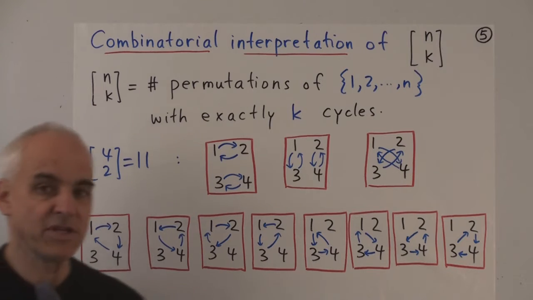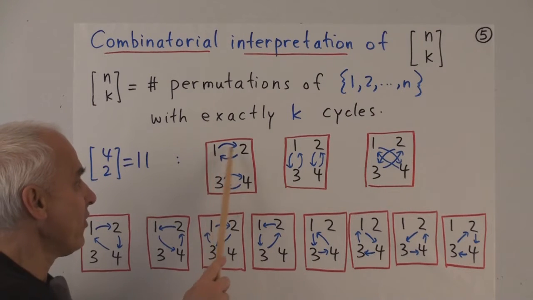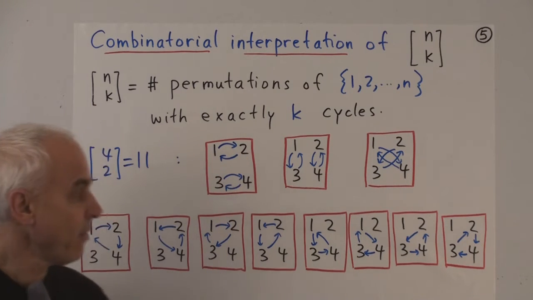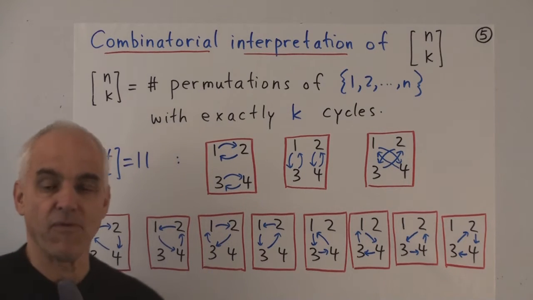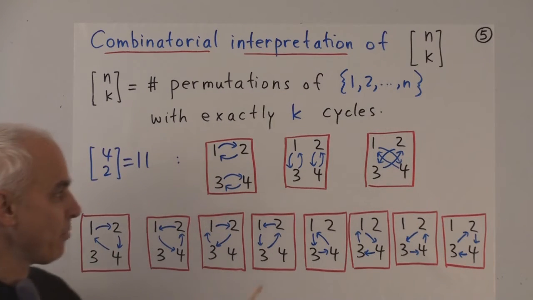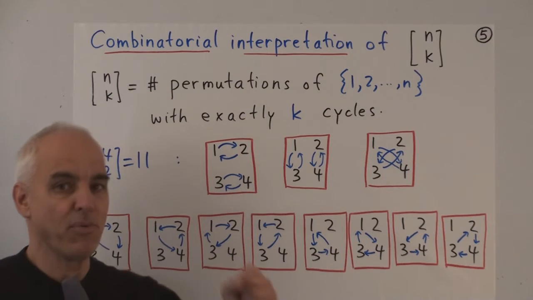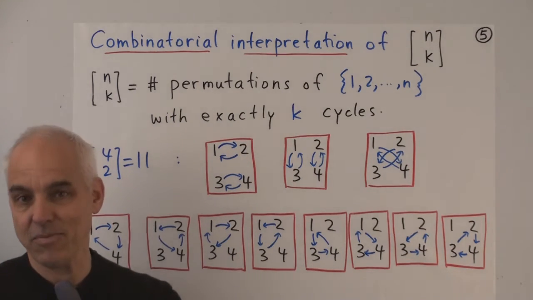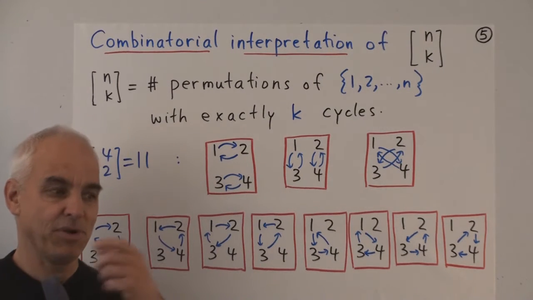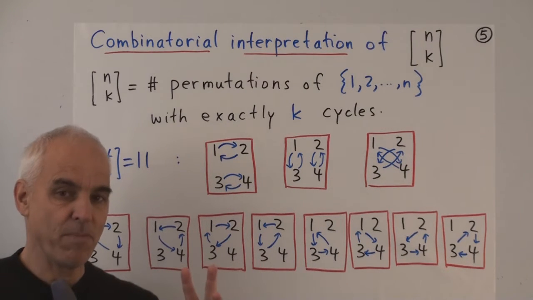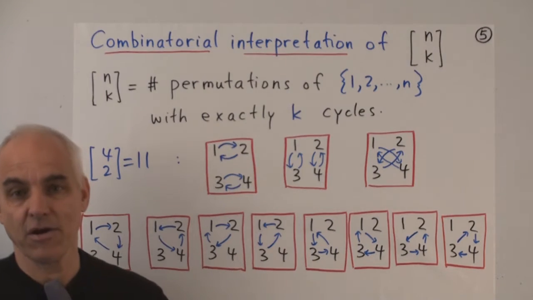So what is a permutation of, say, the set 1, 2, 3, 4? Well, you just imagine you have 4 people or 4 objects, and permuting them means you're just moving them around. You're taking one and putting that person in another person's place, and that other person is put into another person's place. So the 4 people are changing their positions.